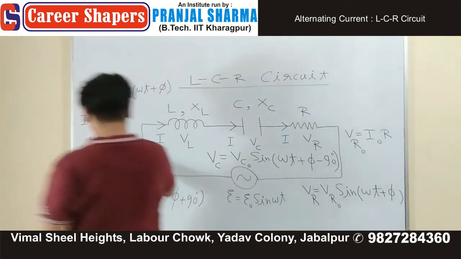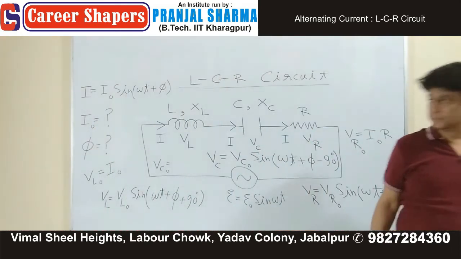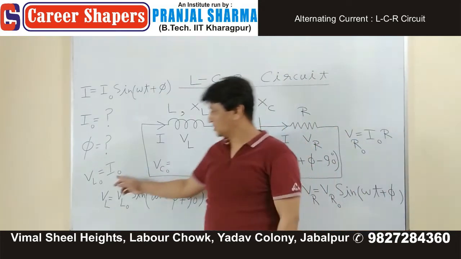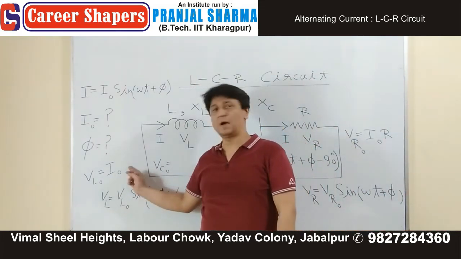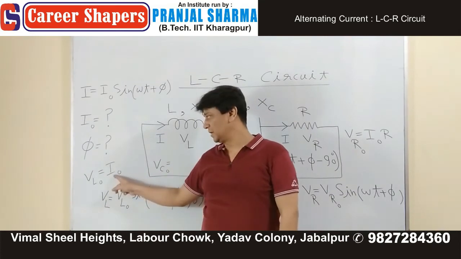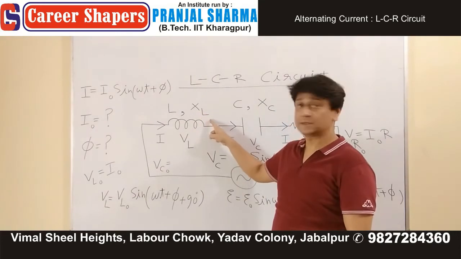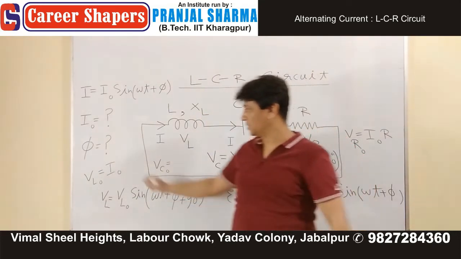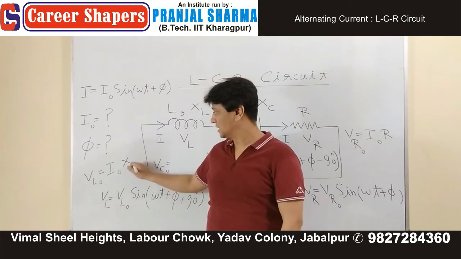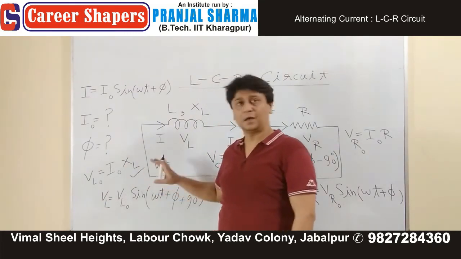We cannot use I naught into L. What is used? I naught multiplied by resistance, the resistance offered by the inductor. What is that? XL. So simply use XL. And this time this is correct.